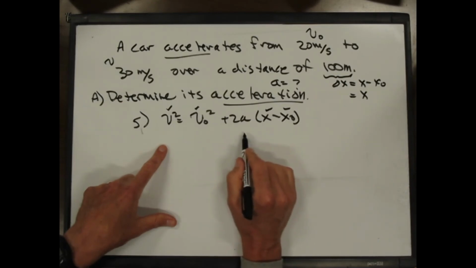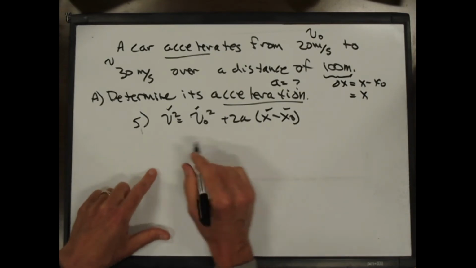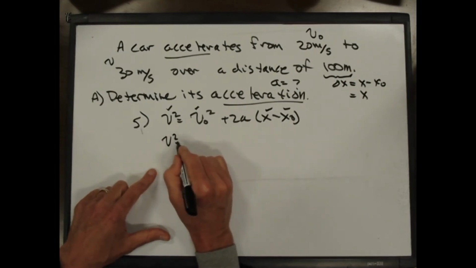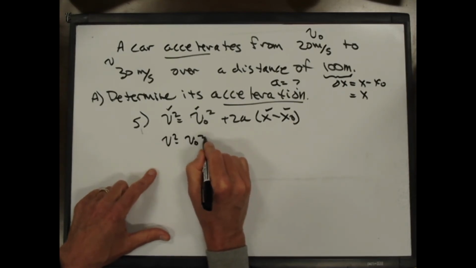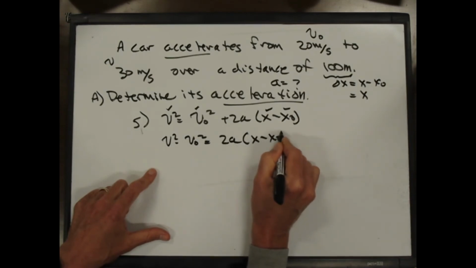Whenever you see me work a problem, I will rearrange the formula to get the a before I start plugging in numbers. I encourage you to do the same thing. If it stresses your algebra skills, good, that's what it's supposed to do. But when I rearrange this, this becomes v squared minus v naught squared equals 2a times x minus x naught.